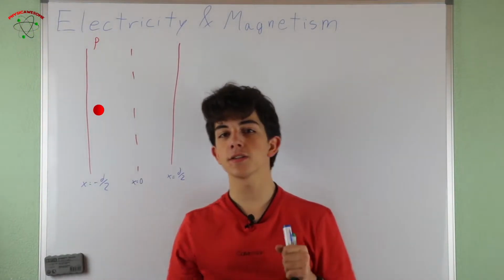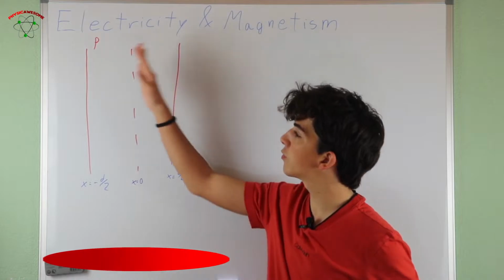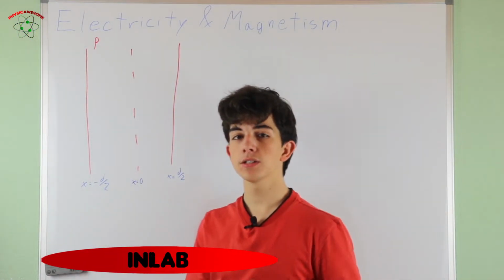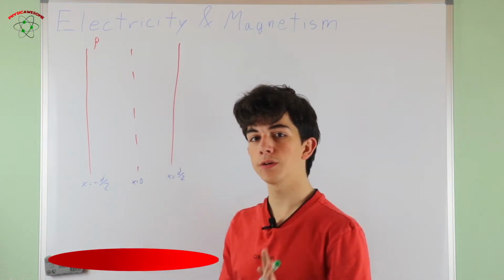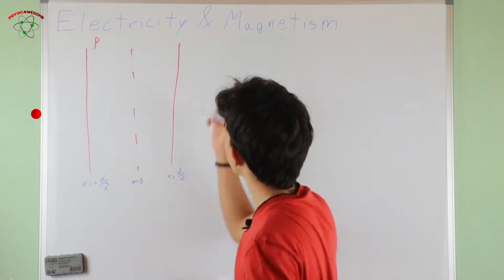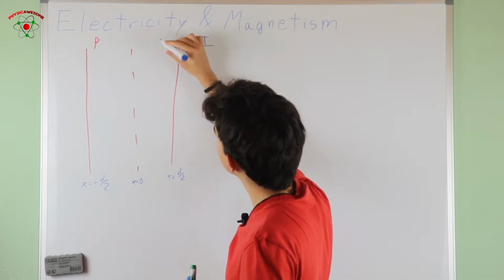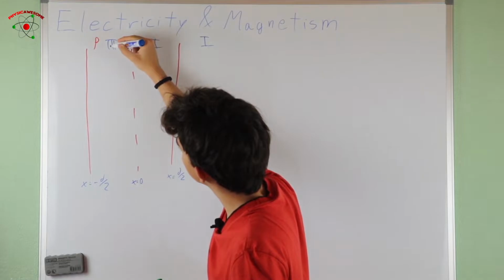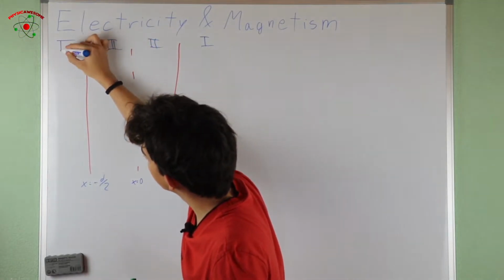Great, let's start analyzing the situation for an infinite slab. At first sight, we can clearly see that there are 4 very different regions to consider. We have this first region, this second region, this third region, and this fourth region.